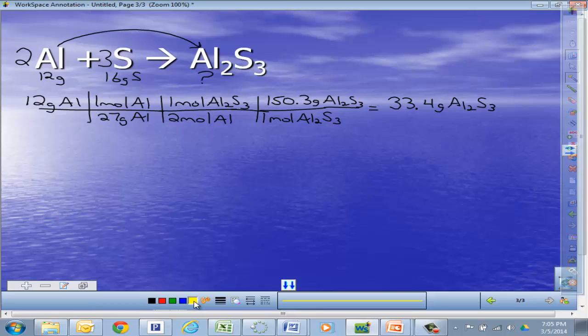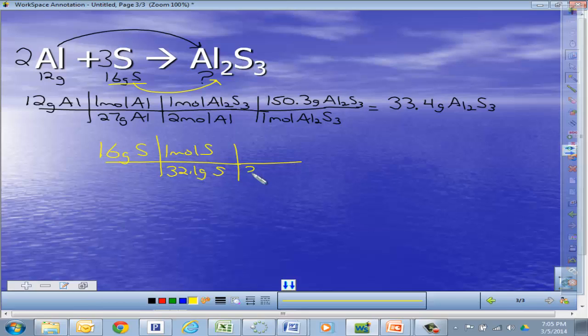Okay, step number 2 says, take your other given and run it to aluminum sulfide. So on that one, we'll start off with 16 grams of sulfur. 1 mole of sulfur is 32.1 grams of sulfur.